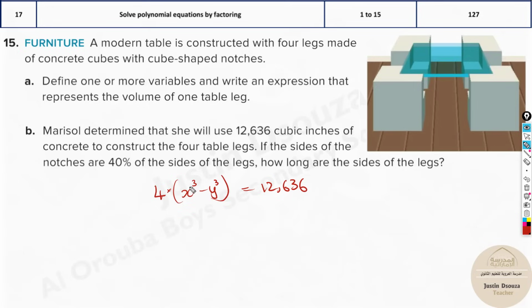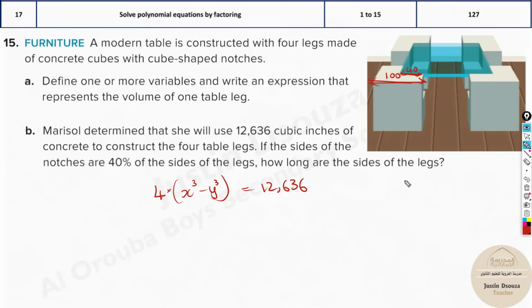But the problem is we have 2 separate variables, we cannot solve this. But they have told us the sides of the notches are just 40% of the total. If this is 100 units, the side of the notch is 40 units. So if this is 1, it's 0.4 over there.